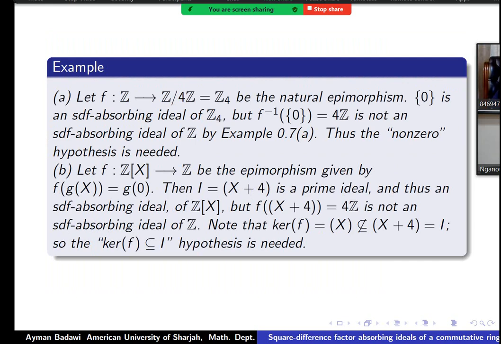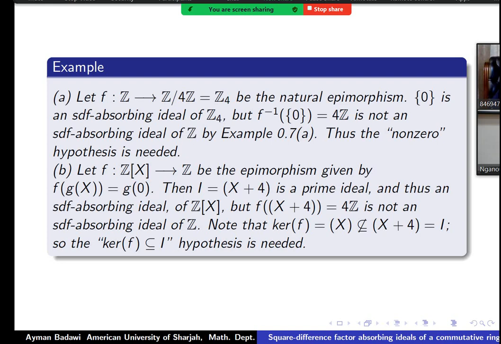The first one is easy. You build this map in the natural way from Z to Z4. Well, I just told you 0 is going to be SDF in Z4. But if you take the inverse of 0, it will be 4Z.